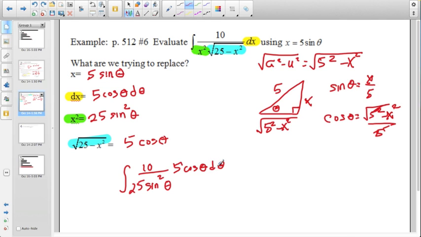So we have that expression, which doesn't look that friendly, but can be simplified, and once it's simplified, it's really not that bad.